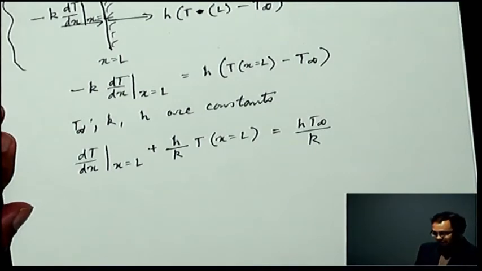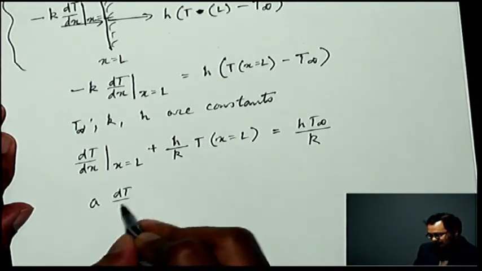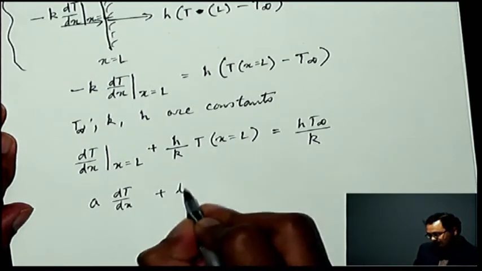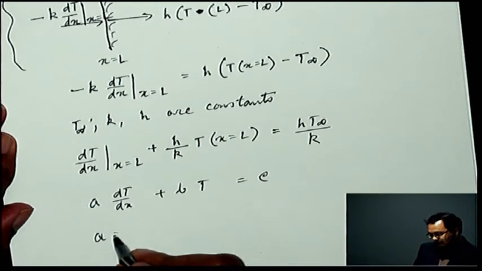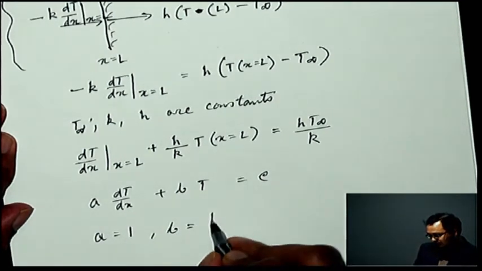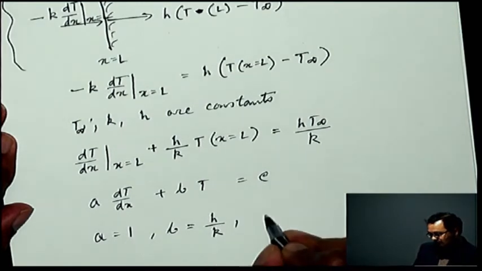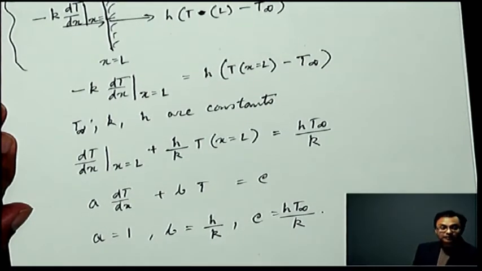All right. So if I compare this to A times dT/dx plus B times T equal to C, my A is equal to 1, my B is equal to h over k, and my C is equal to h T infinity over k.